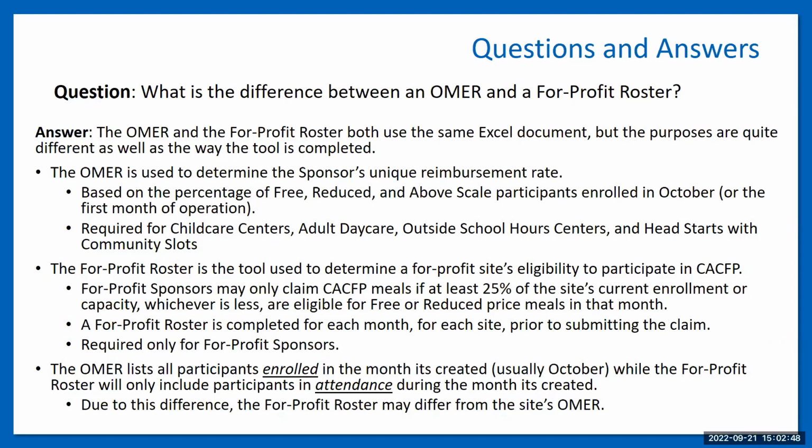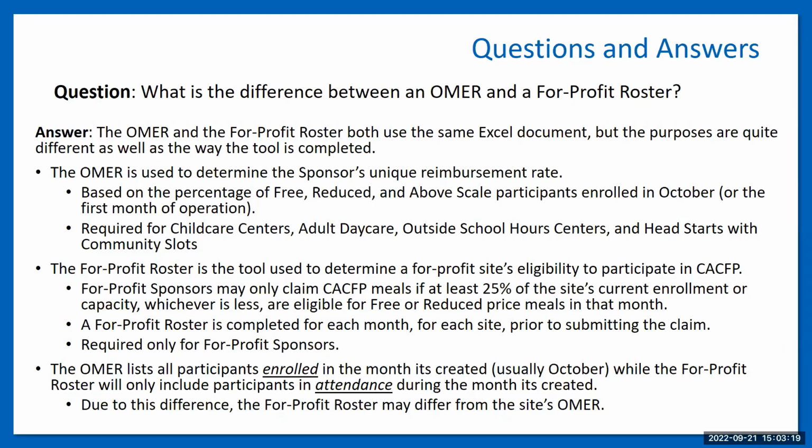Sponsors must create a for-profit roster each month for each site to verify eligibility prior to submitting the claim for reimbursement. For-profit rosters are required only for for-profit sponsors. So for-profit sponsors will be completing an OMER annually and a for-profit roster monthly.